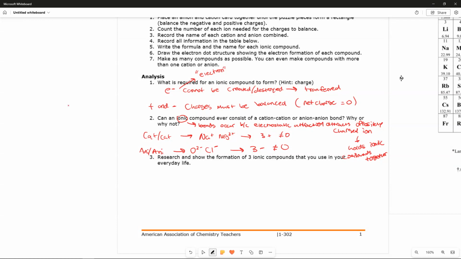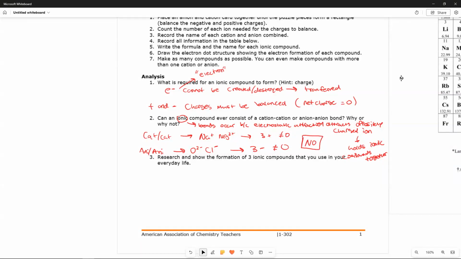So can an ionic compound ever consist of cation only or anion only bonds? No. And that's because, of course, we talked about how we have to equal a net charge of 0.